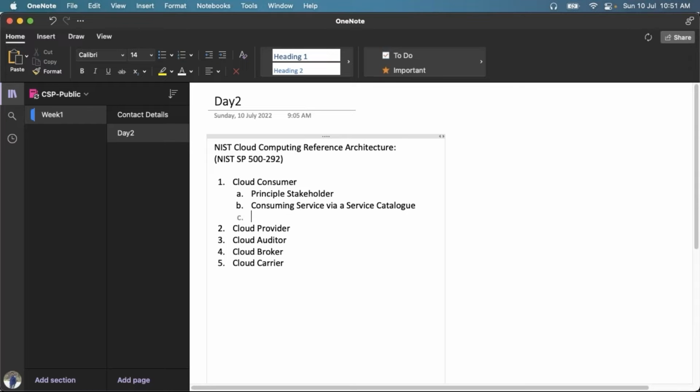What you need is a service level agreement. When you are consuming the services, the consumer needs a service level agreement to specify very precisely the technical performance requirements that will be fulfilled by your cloud service provider.